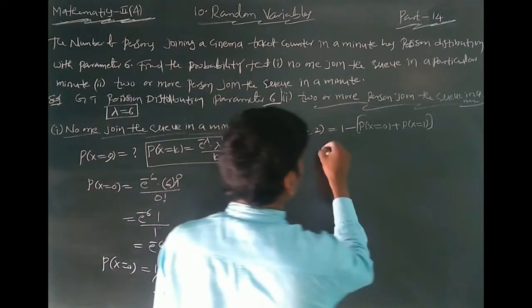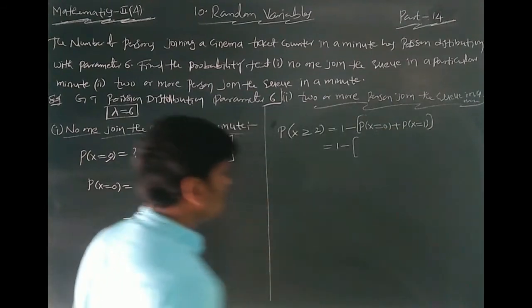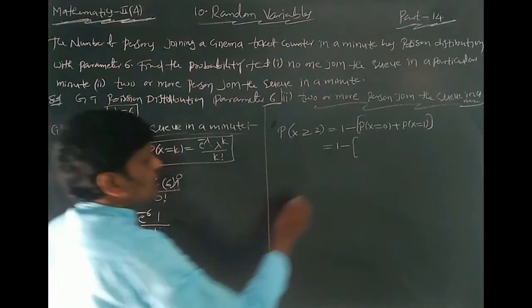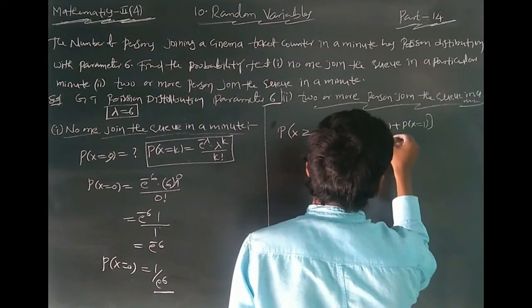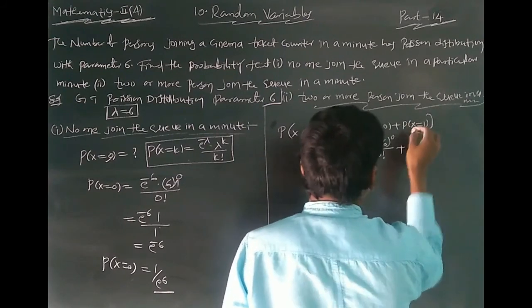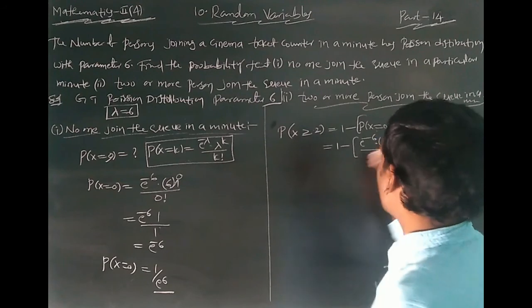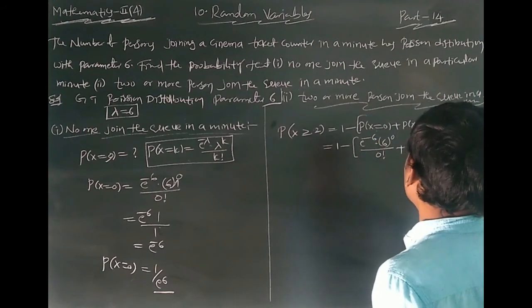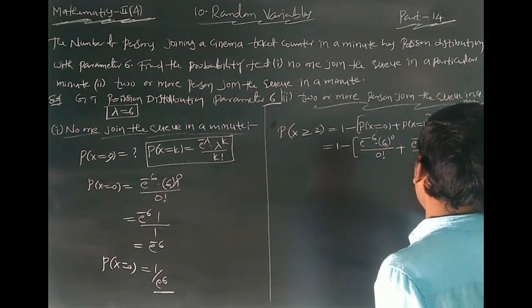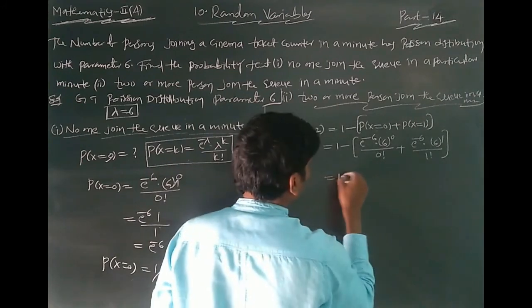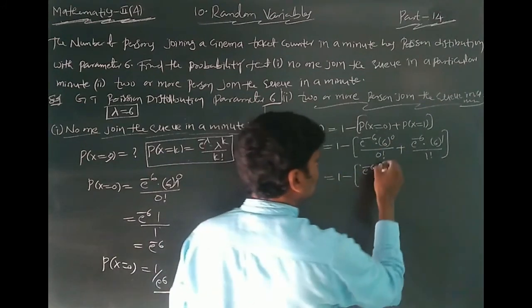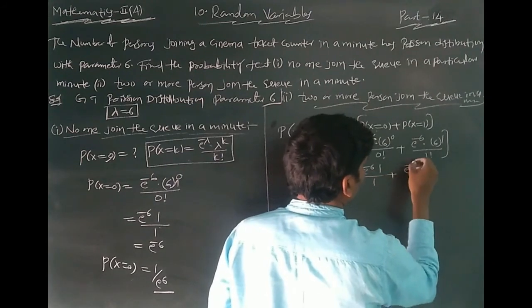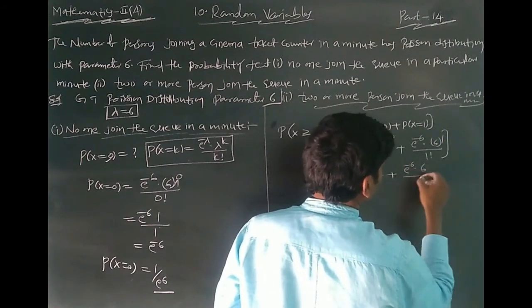After that, you can write 1 minus P of x equal to 0. You can write in this formula e power minus lambda, lambda value 6, lambda power 0 by 0 factorial, plus P of x equal to 1, k value 1, you can write e power minus 6 into 6 power 1 by 1 factorial. That's why you can write 1 minus e power minus 6 into 6 power 0, value is 1 by 1, plus e power minus 6 into 6 power 1, value 6 by 1.